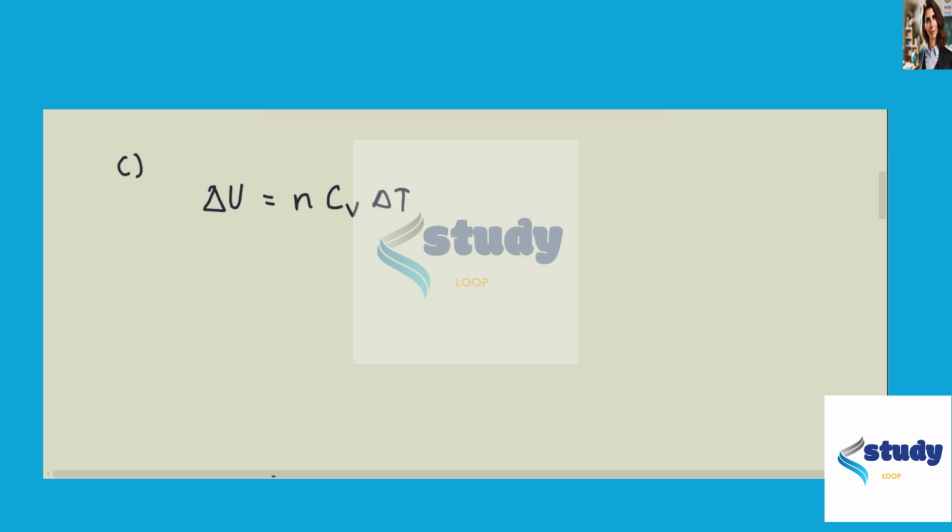So the total change in internal energy will be equal to 0, because this term equals 0. So delta U equals 0. This is the answer to part C.